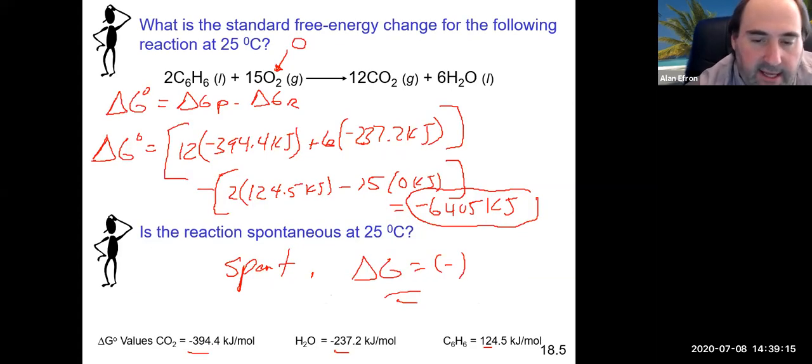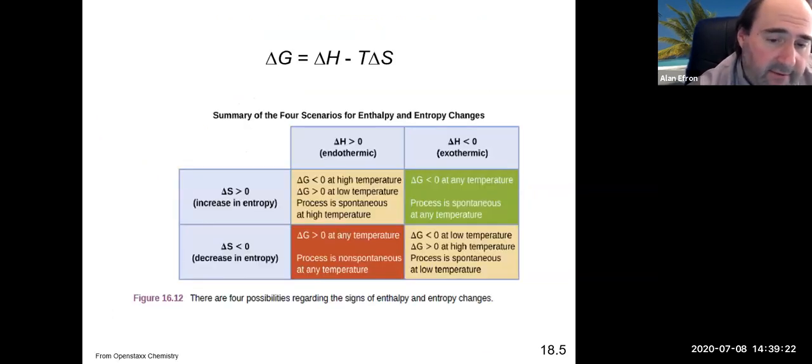All right, any questions on that calculation first off? So let's talk about this other formula that we saw, that you could use to calculate delta G. We can look at this formula and make some determinations as to whether we would predict the reaction being spontaneous or non-spontaneous. And like I said before, out of all the chapters in this book, this chapter will probably have the most questions like this.